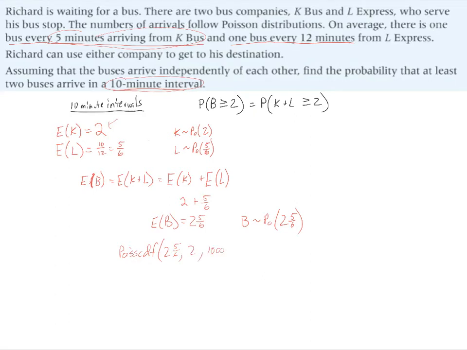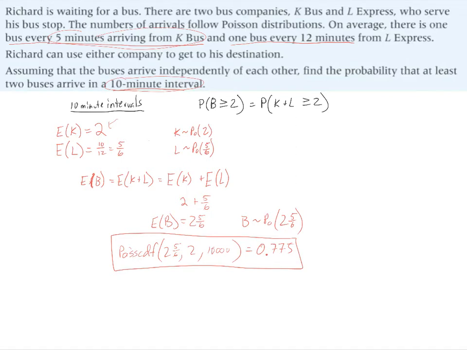I'm going to put in 10,000, but any number is fine as long as it's big. Remember, you can also do 0 or 1, and then whatever your probability is, subtract it from 1. And hopefully, you should get the same answer I did, which is about 0.775.